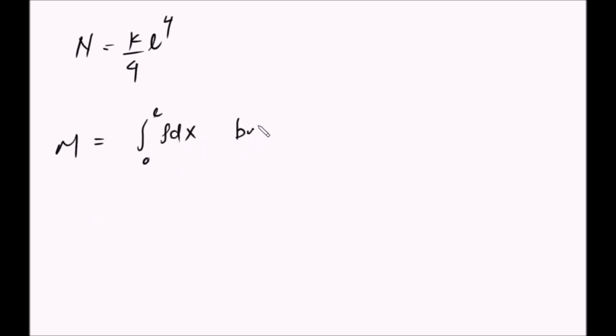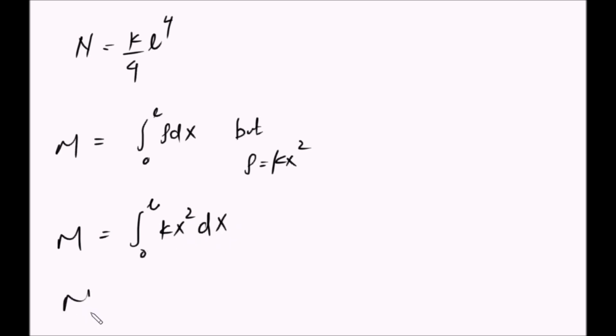So first moment tumeshapata ni k over 4 times L power 4. Mass tulisema ni integral hii, lakini density tumesema ni nini? Kx squared. So mass itakuwa sasa na we integrate from 0 to L kx squared dx.